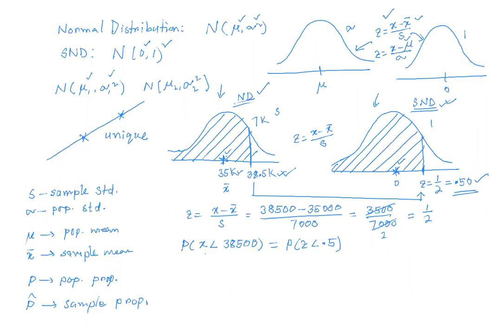Now, how do I find this? If I can find this, I can find that, because proportionately these two areas are the same compared to the total. Remember, area under the entire curve is always 1. Area under the entire density curve or density function is always 1, because you can think of it this way: probability of all the items in the sample space added together is 1.